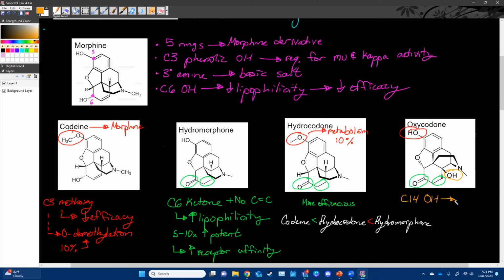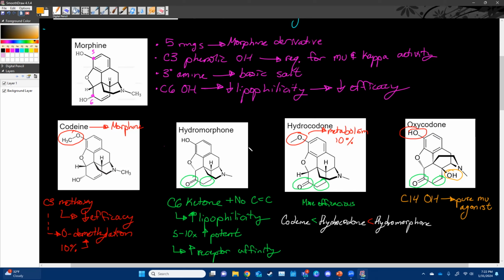What this does is it makes a drug a pure mu agonist. So no kappa activity. When we compare hydrocodone to oxycodone, who would be more efficacious? Oxycodone. Why? Because it doesn't have to go through metabolism.